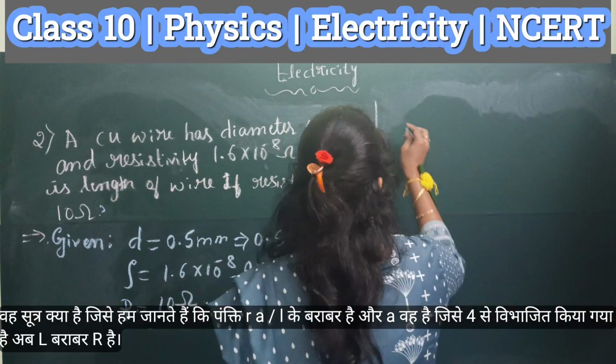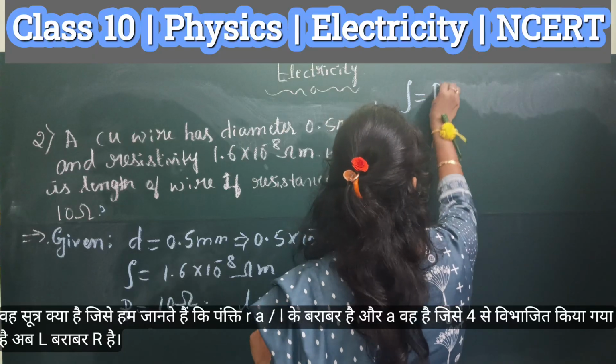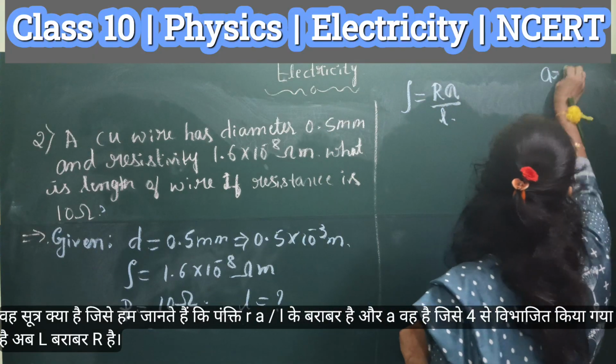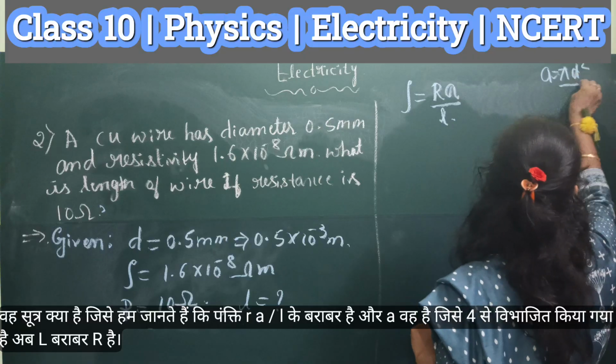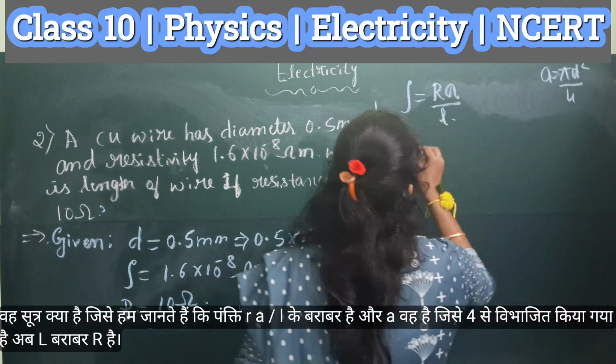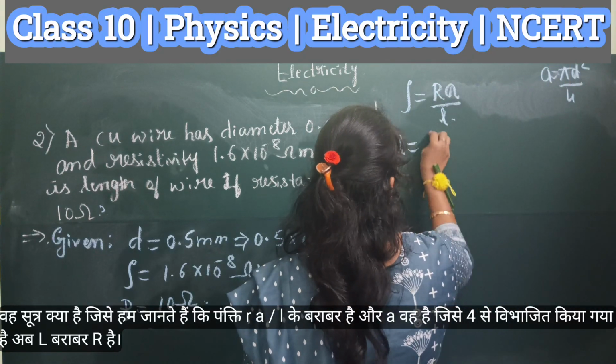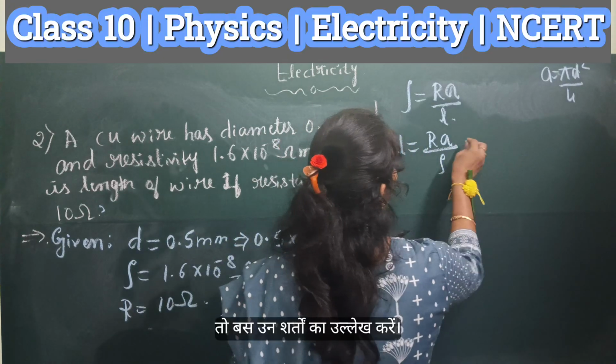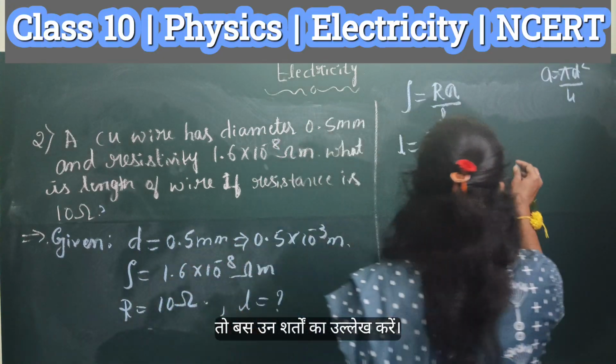What is the formula that we know? Rho is equal to RA divided by L. And A is what guys? Pi d square divided by 4. Now L is equal to RA divided by rho. Okay, so just mention those terms.